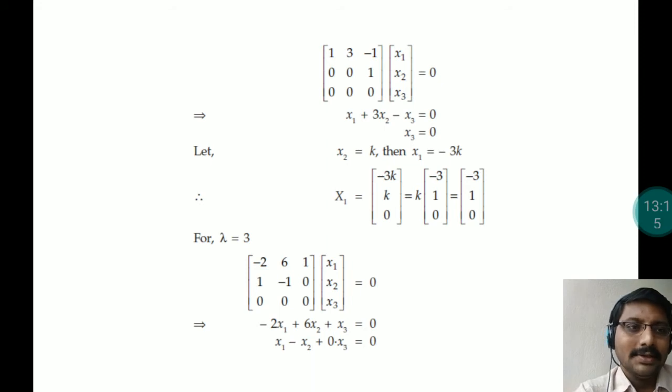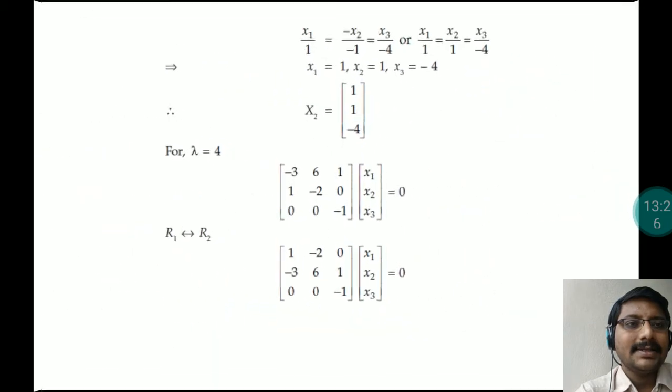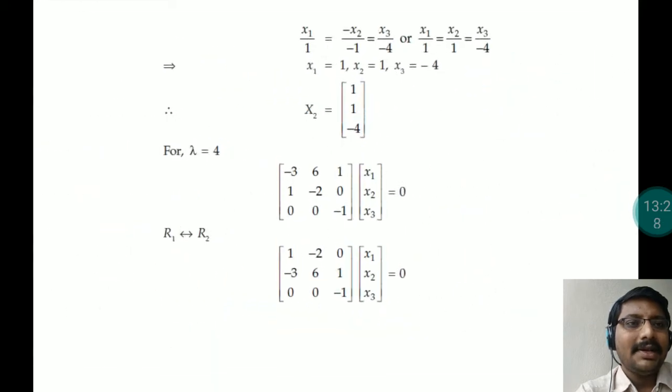Now equating these two matrices, we will have two equations. Assigning arbitrary constants, or equating these fractions, we have x1 value is 1, x2 value is 1, x3 value is minus 4.